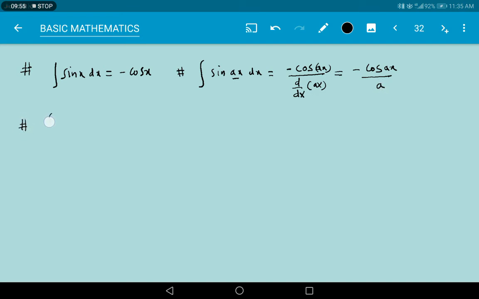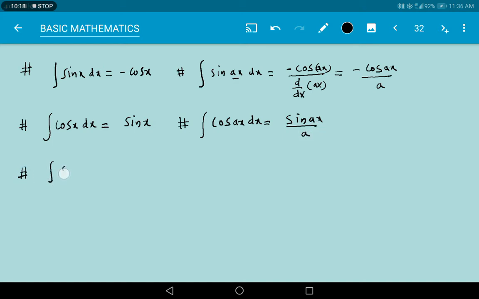Next, integration cos x dx is sin x. In a similar manner, integration cos ax dx is sin ax by a.